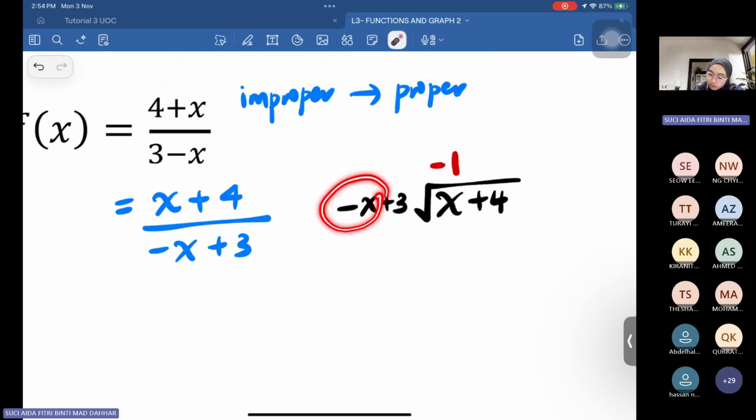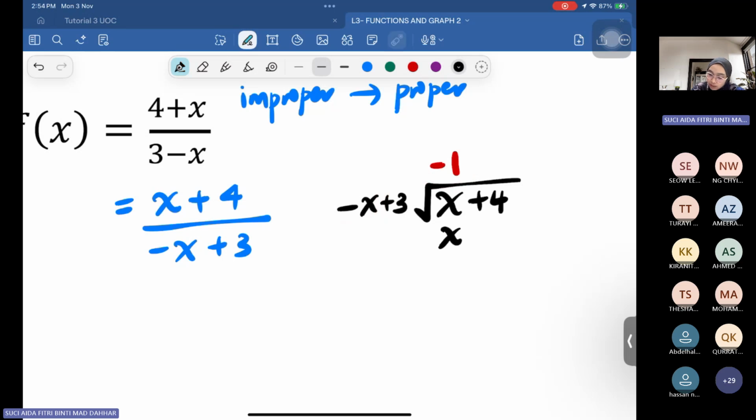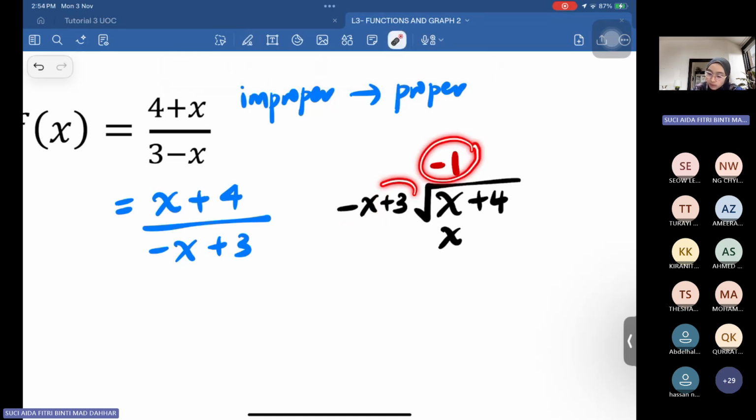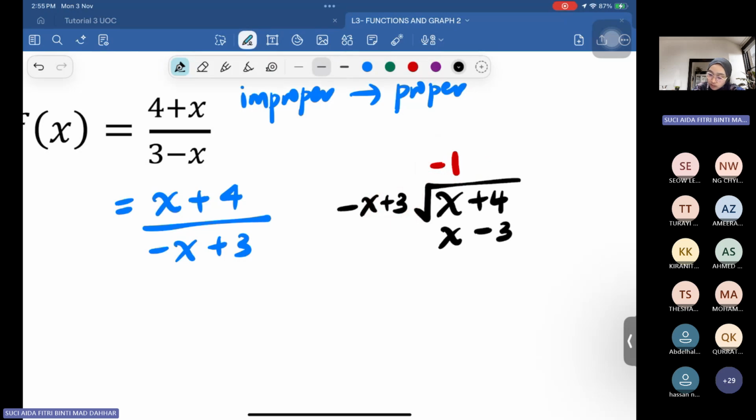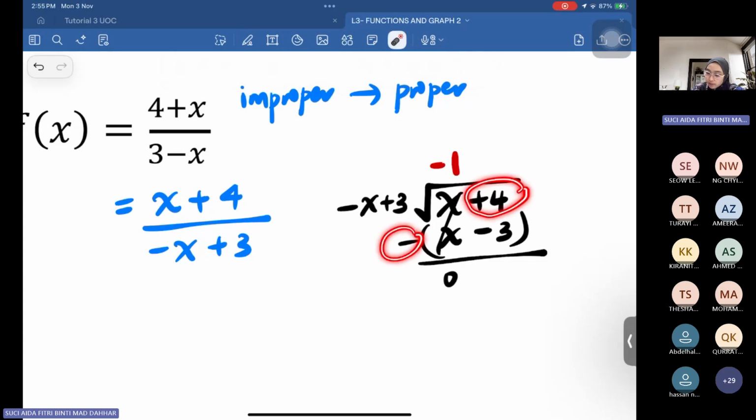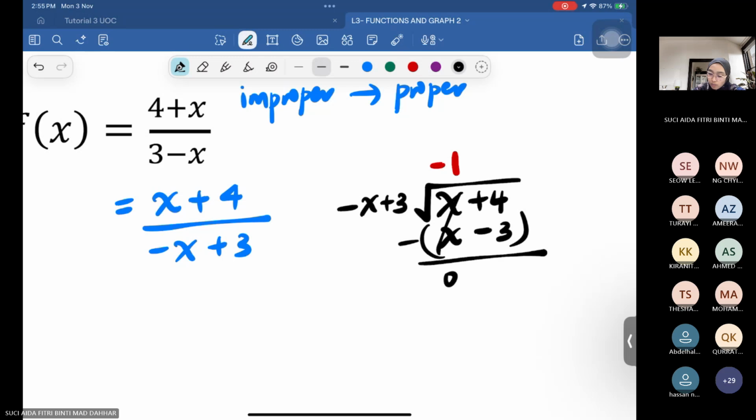So negative x multiplied by -1 is positive x. And then next, -1 multiplied by +3 is -3. And then we subtract them. This is 0, gone. Now careful with this. 4 minus -3 becomes 7, positive 7. So we have a remainder of 7.